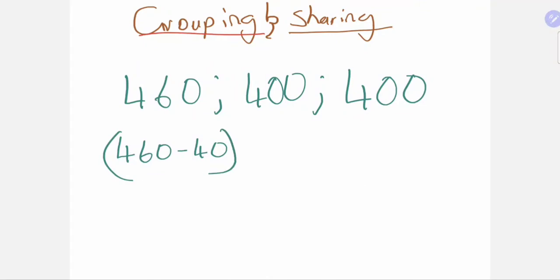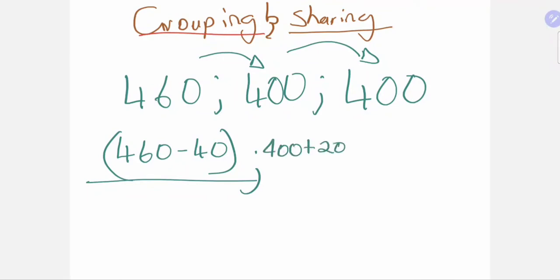You're minusing 40 because it's two 20s that are then going to be shared with the second group and the third group, right? I hope that much is clear. Move on to the second one. It's 400. Now, what are you adding to 400? You're adding 20. So it's 400 plus 20. What are you doing to the third one? You're adding 20 once more. So it's 400 plus 20.